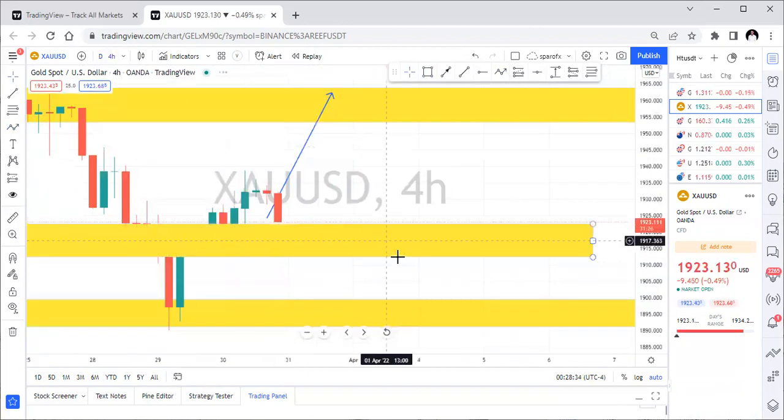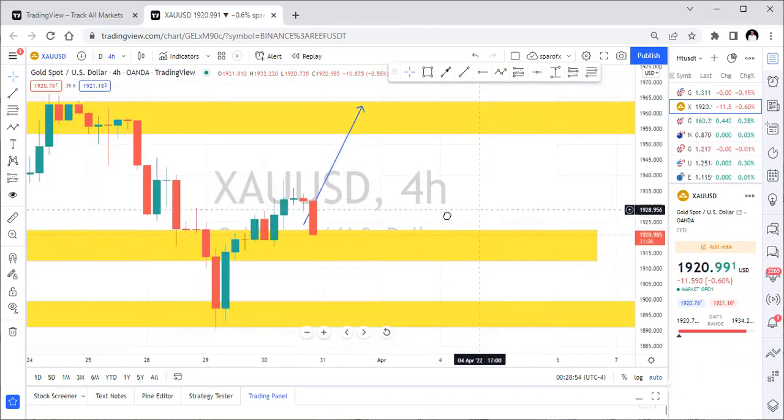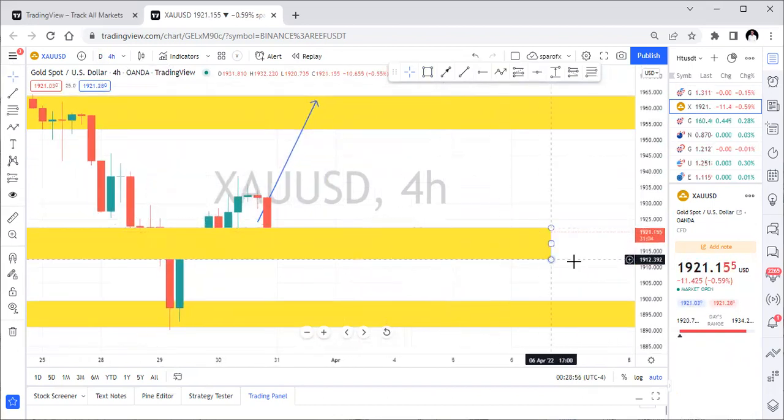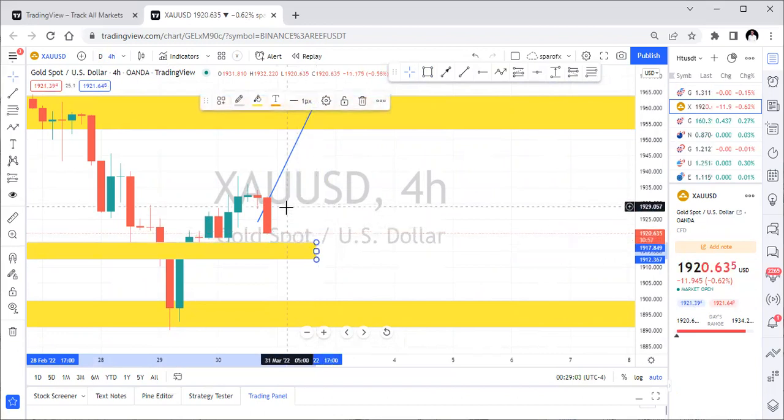So let's check what the 4 hour has for us today. From my 4 hour, you can see that the market is trying to get into this very supply zone.